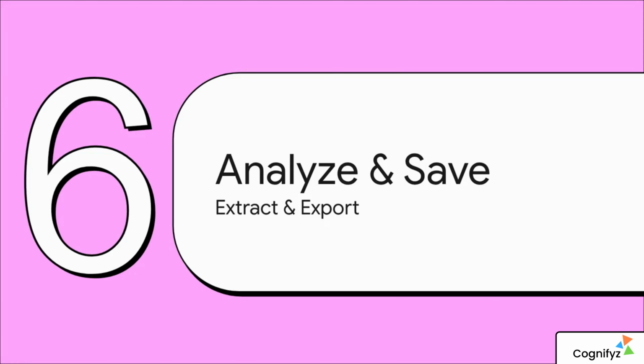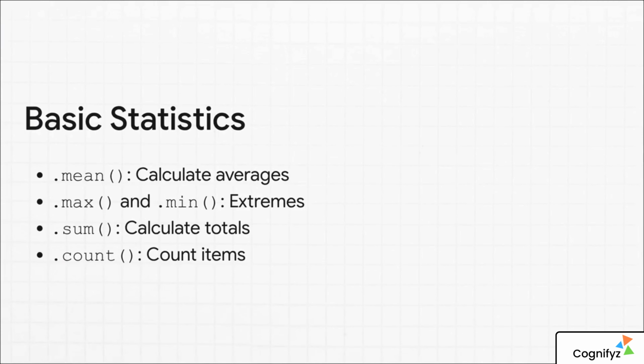And finally, Section 6, Analyzing and Saving Results. Okay, so your data frame is perfectly clean. Now you can run basic statistical methods on any numerical column to instantly calculate averages, maximums, minimums, or totals. We're talking about summarizing thousands or even millions of rows in a fraction of a second, completely removing the need for any tedious manual calculations.